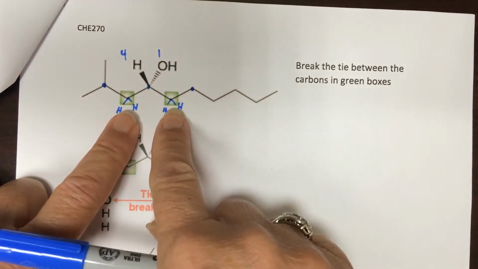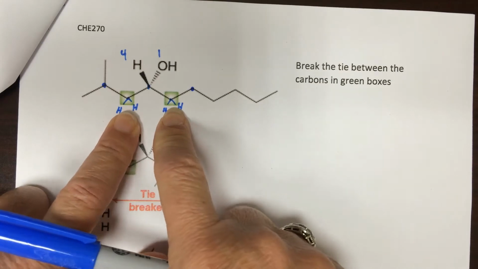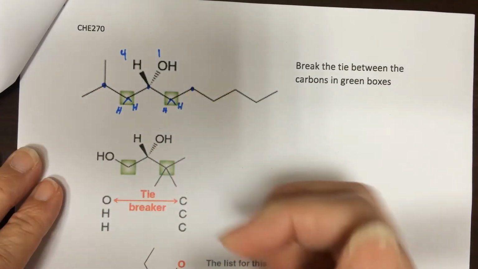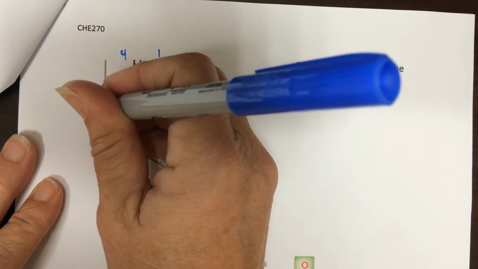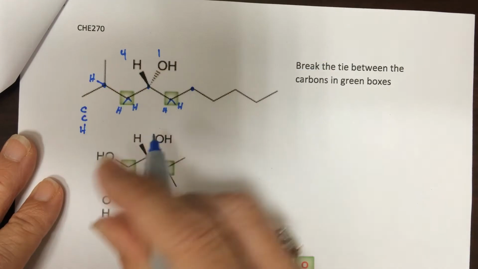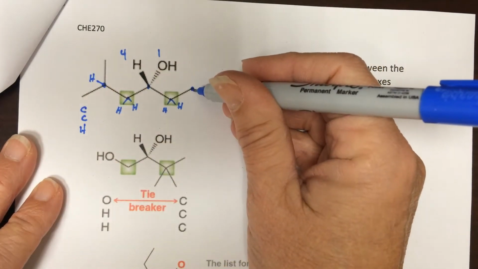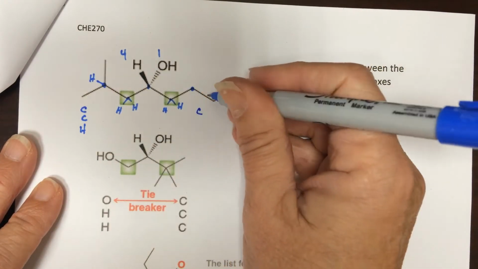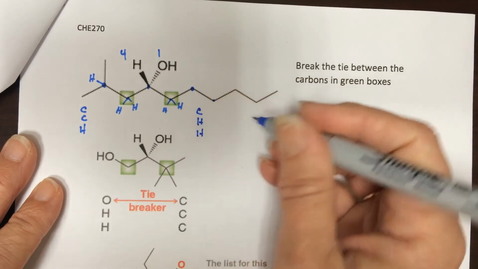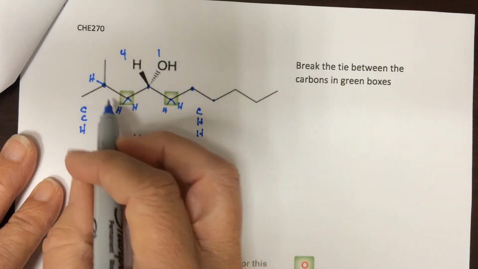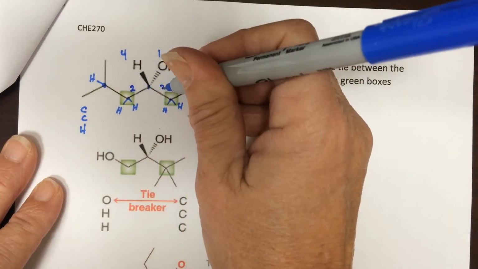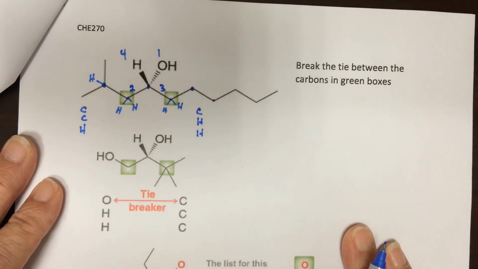So these are identical. We have to move out to the next carbon. This carbon is attached to 2 carbons and a hydrogen. This carbon is attached to 1 carbon out here and 2 hydrogens. And so this side wins, and it gets to be number 2, and this side is number 3.